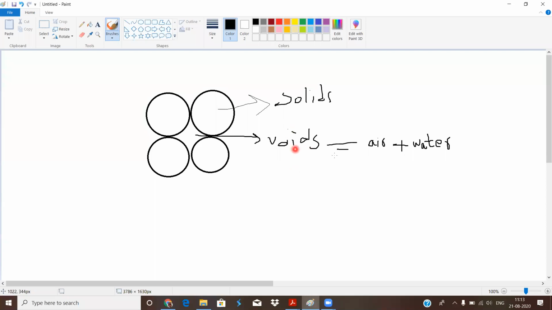In these voids, it may contain air or it may contain water, mainly due to the presence of soil in the atmosphere, in the ground. But whenever we consider the solid particles and voids combined, they constitute what is called soil.